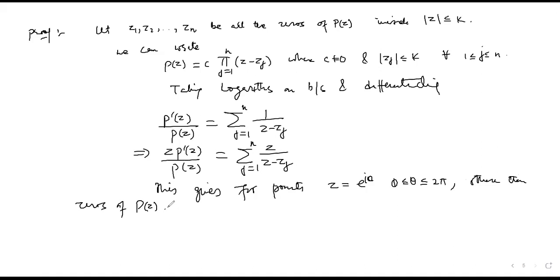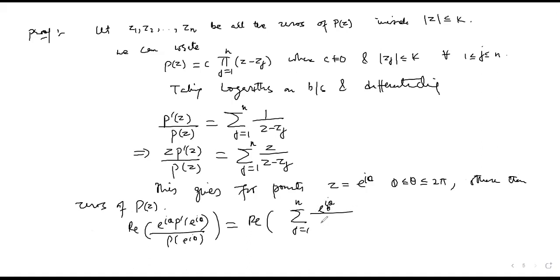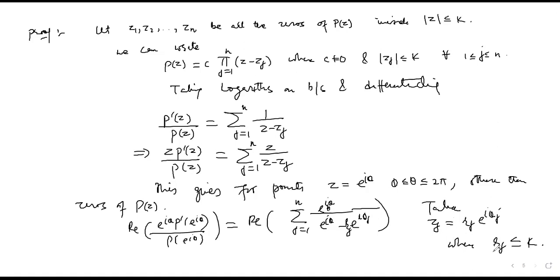I would get real part of e^(iθ) p'(e^(iθ))/p(e^(iθ)) is equal to real part of summation j runs from 1 to n of e^(iθ)/(e^(iθ) minus zj). जैसा कि हम करते आए हैं, taking zj equal to rj e^(iθj) in its polar form, where of course rj is less than or equal to k, that is the modulus of zj for all j.